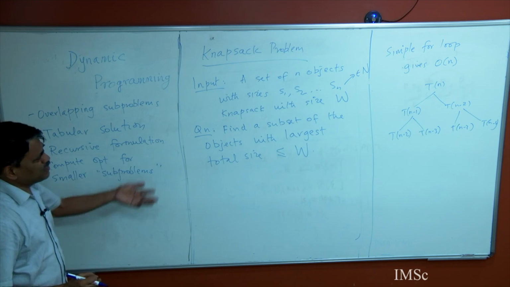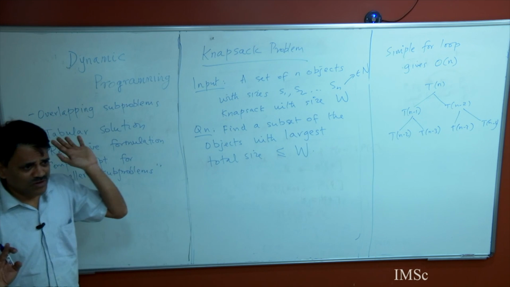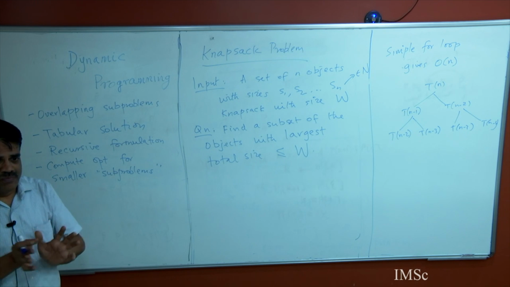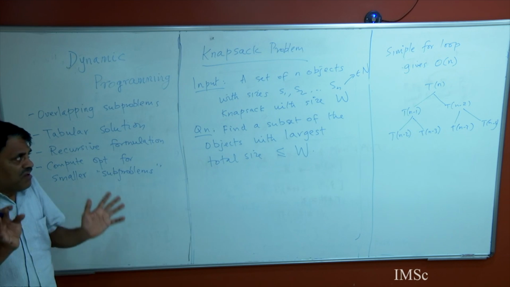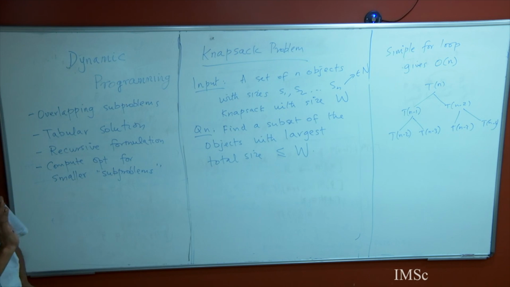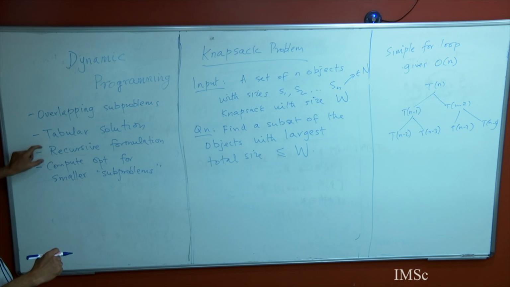Now, when you say subproblem here, you could interpret it in whatever way. There are some subset of items, maybe you need to pick the largest among them. We do not know. That's usually the toughest part. Once you decide what the subproblems are, then everything will fall in place. And the subproblems are guided by this recursive formulation. Okay.